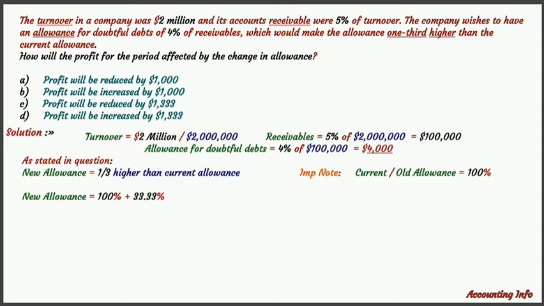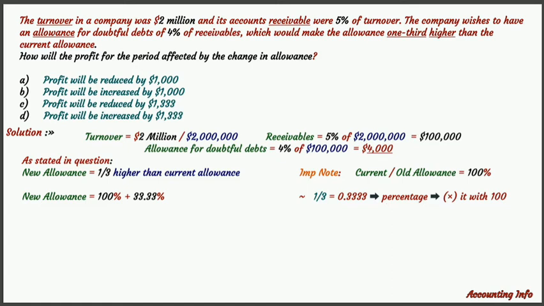Now see the calculation of 33.33%. We just write the ratio of 1/3 as a percentage, as 1/3 equals 0.333. To convert it into a percentage, just multiply it by 100.